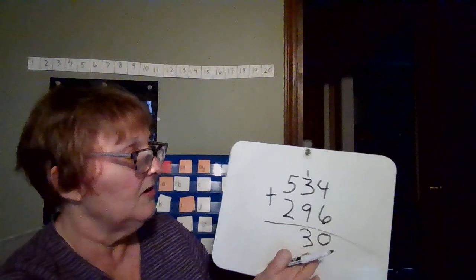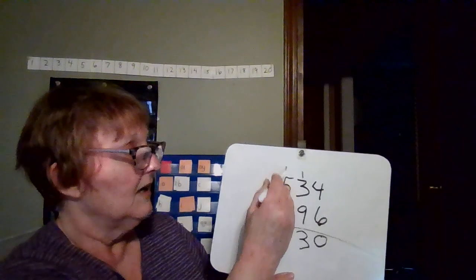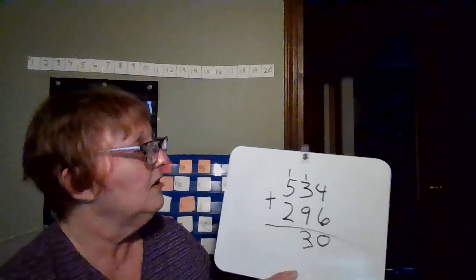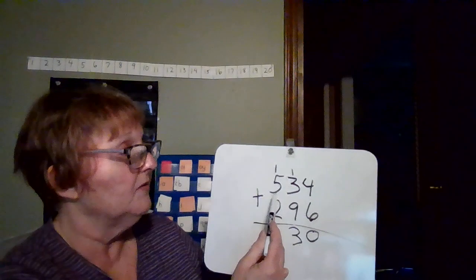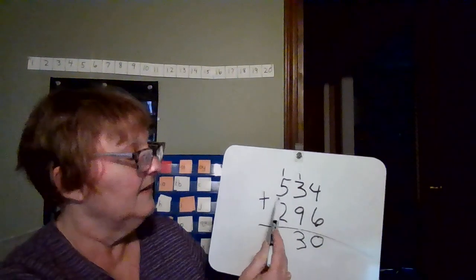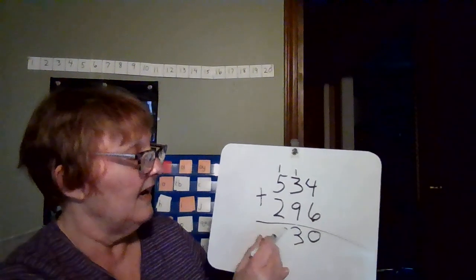What? I can put the 30 there. I gotta put the 100 over here. 100, or just one group of 100 plus 5 groups of 100. That's 6. And 6 and 2 is 8.